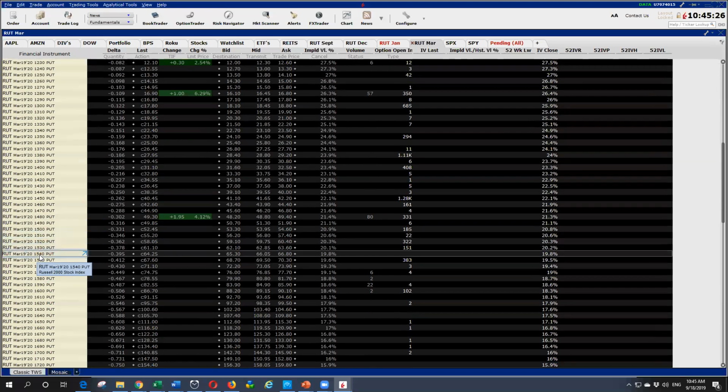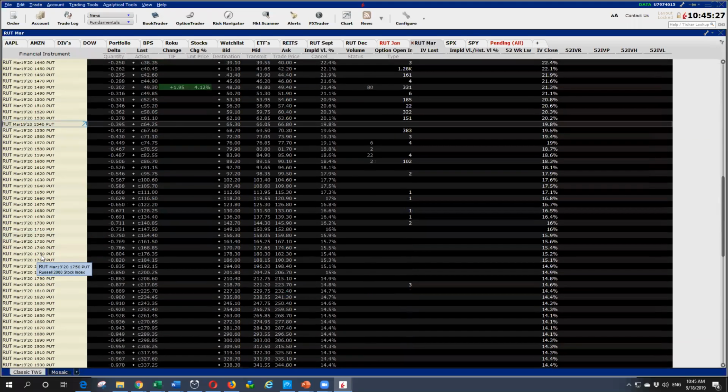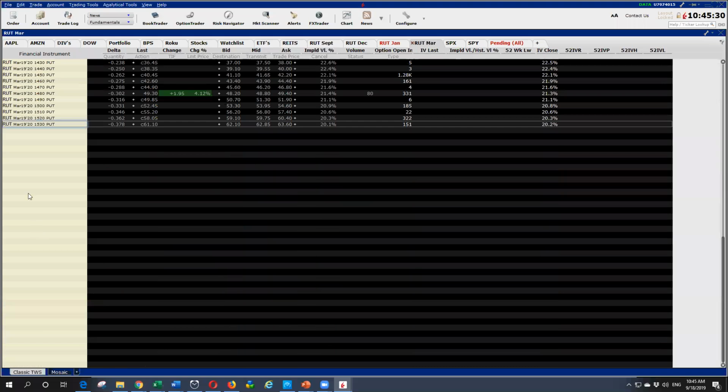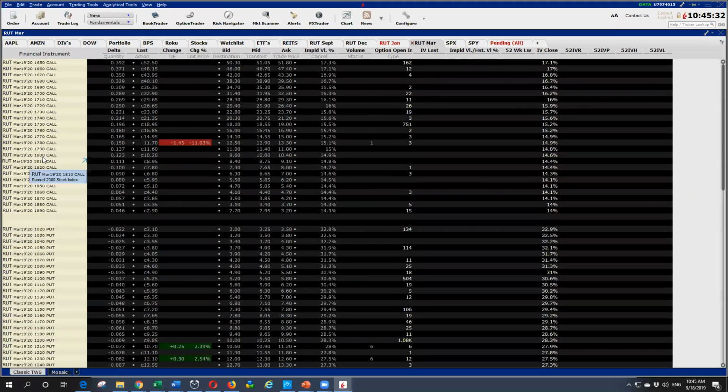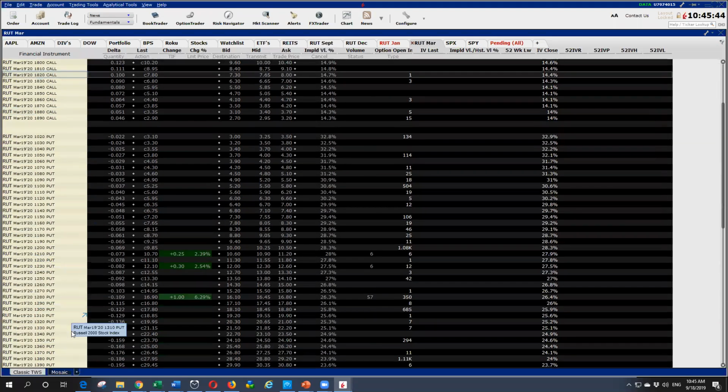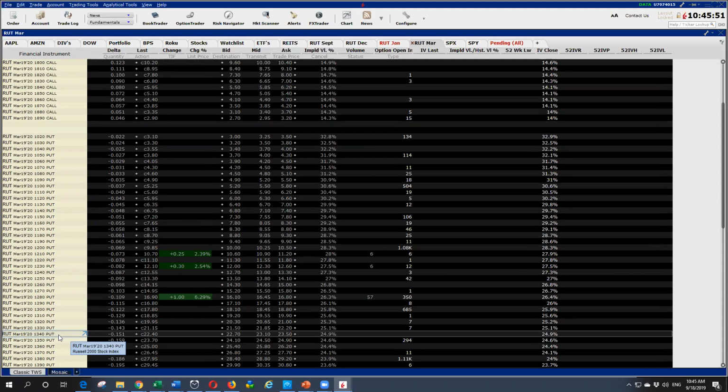I'm not usually going to need anything more than about that. So we can just clean this up a little bit quickly. All right, so here we've got our universe of possible options that we're going to be trading. There we go, perfect, delta 10. So I'd look at selling the 1820s. And on the put side, delta 15, perfect, 1340s. So I pick my short strikes first.